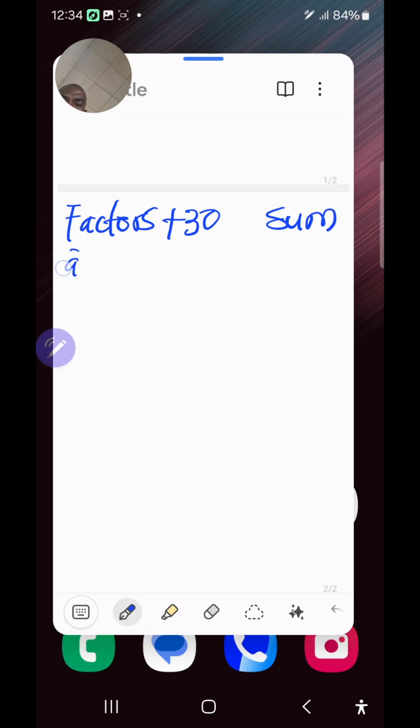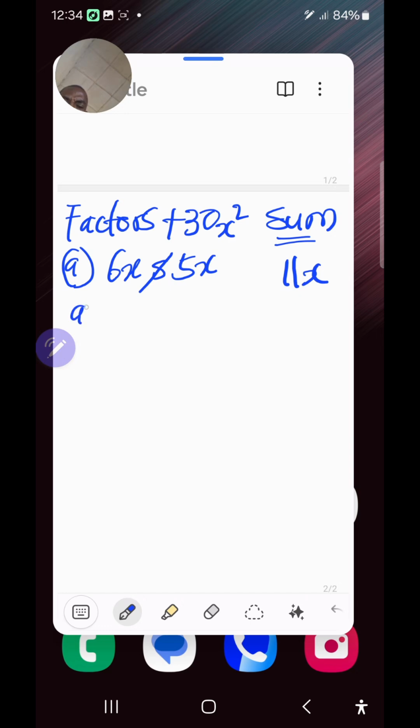Now we consider: we have 6x and 5x. If you multiply these two together, you get plus 30x squared, but their sum will give you 11x. Then we have another consideration: 3x and 10x.